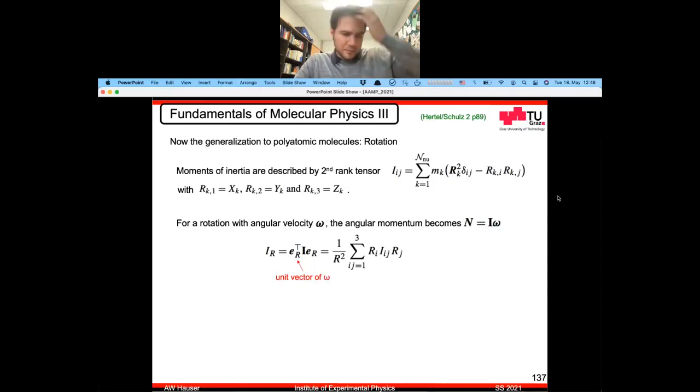So for rotation in a polyatomic molecule, we have to realize that our moment of inertia for the system is a second rank tensor. Because if you think about the simple formula, say L equals I times omega, then I only appears as a scalar in more or less exceptional cases, right?